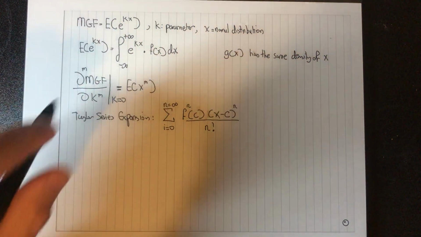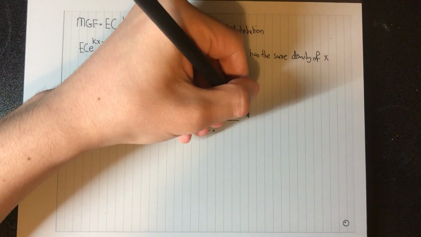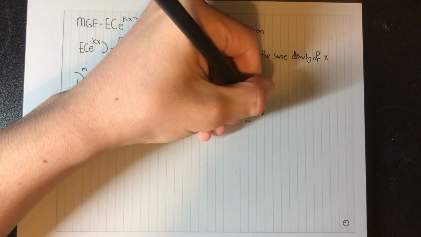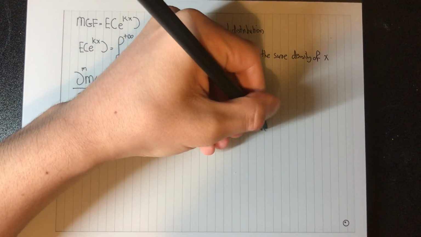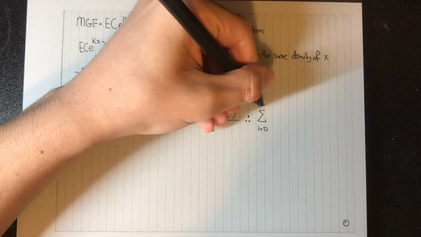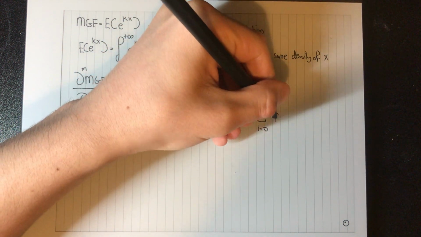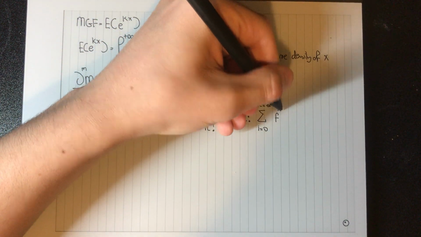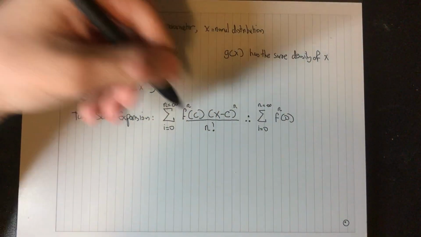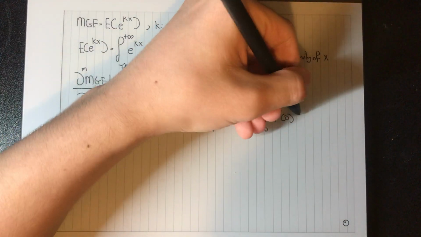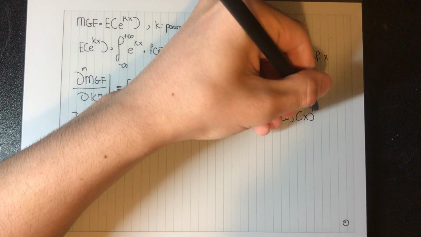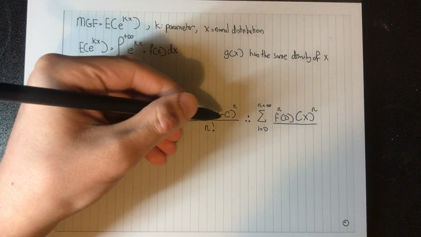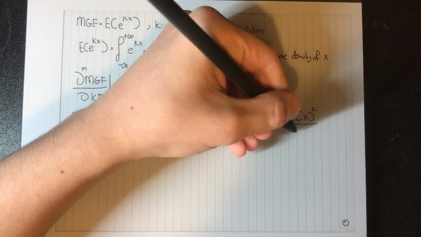Therefore, this will become much more nicely compacted as equal to the sum going from i equal to 0 to n equal to infinity of the derivative of order n evaluated at 0, since we set c equal to 0, multiplied by x to the power of n, since now x minus c, where c is equal to 0, so we simply have x to the power of n, over n factorial.